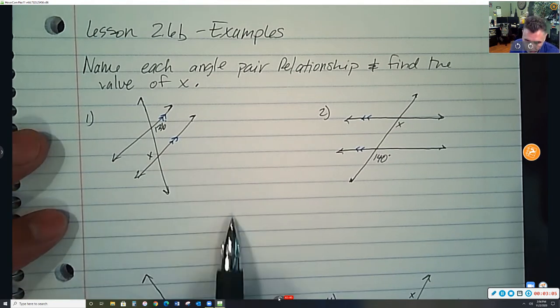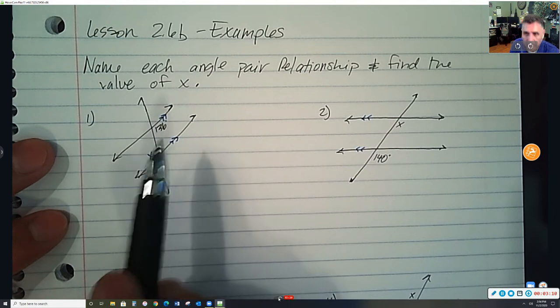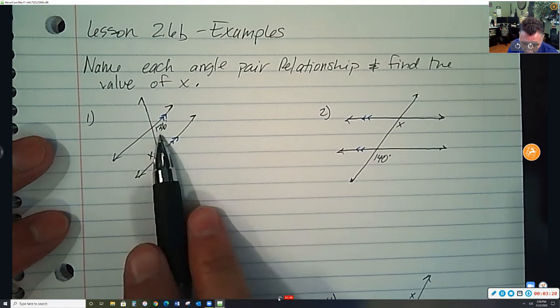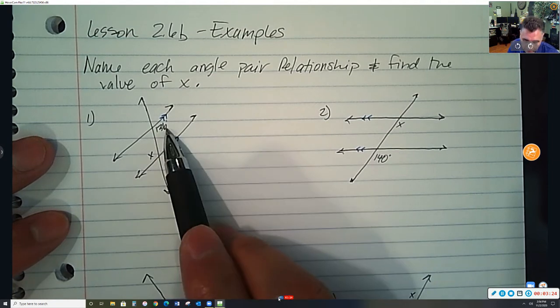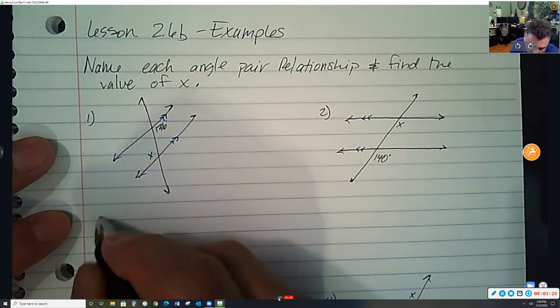Okay, so to solve this, the first thing we want to do is name the angle relationship. And that's like alternate interior, alternate exterior, same side interior, same side exterior, corresponding, any one of those. So if you look at these ones, remember this is the transversal. 136 is on the right side. This angle is on the left side. So they're alternating.